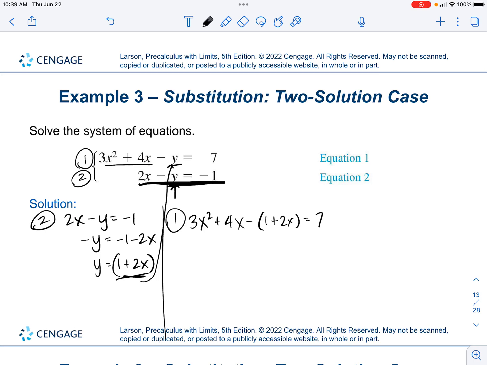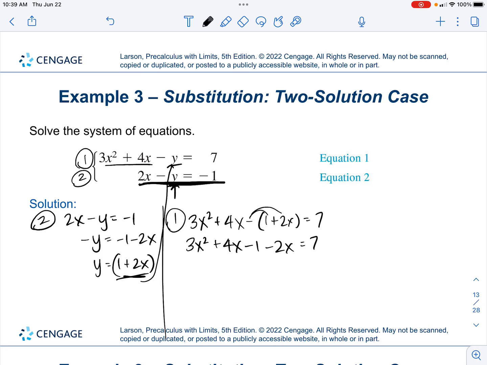Now in the last example, I didn't need the parentheses because there was no coefficient and no exponent. Here I do have a reason for the parentheses, so I'll have to distribute that minus. So let's do that. 3x squared plus 4x minus 1 minus 2x equals 7.